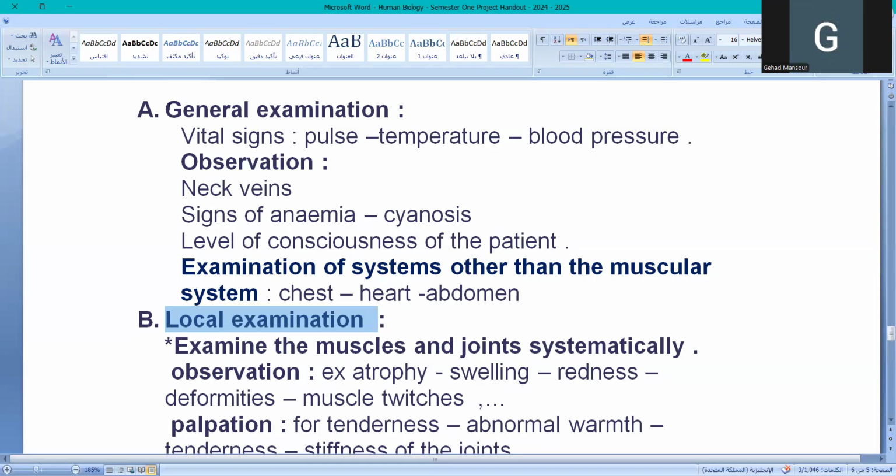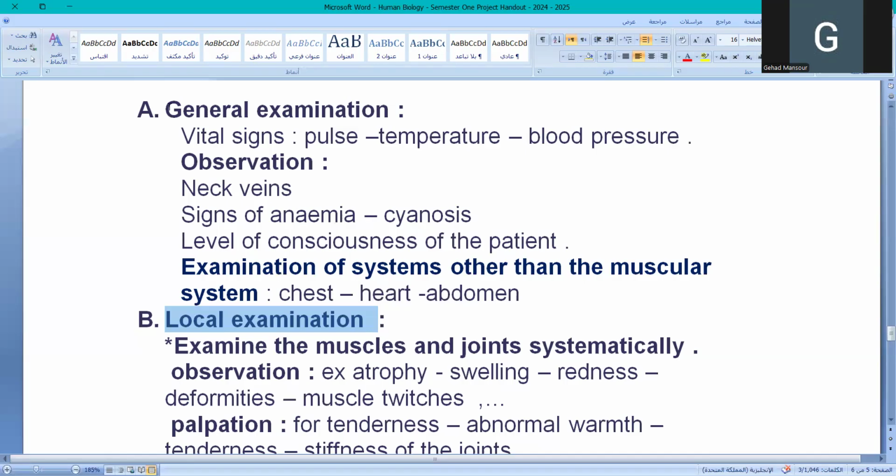And that's why you have to be aware of the normal tone, because if you don't know the normal tone of a normal muscle, you would never realize upon flexing and extending or rotating a joint that the muscles around the joint or those limb muscles are hypertonic, having an exaggerated tone, or hypotonic and flaccid. So if you don't know the normal, you would never be able to detect the abnormal.